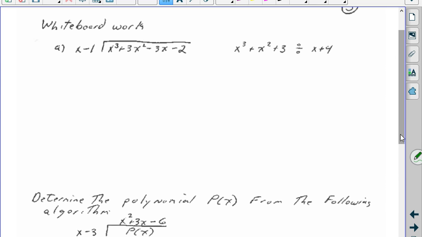So what we have to multiply that by is 4x. So you want to fill this to a higher degree than what you left.